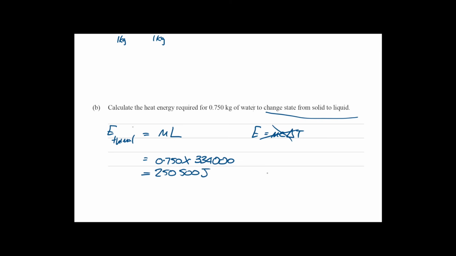Remember, you always need the units. Probably more likely you would say 250.5 kilojoules, to be honest. Which is a lot of energy. That's why it takes so long to thaw that ice out.